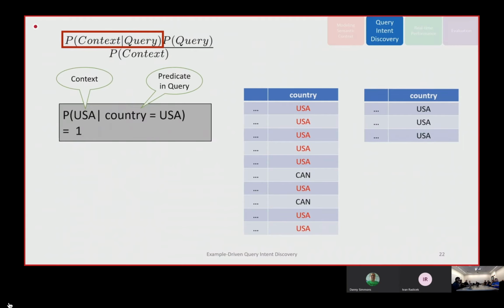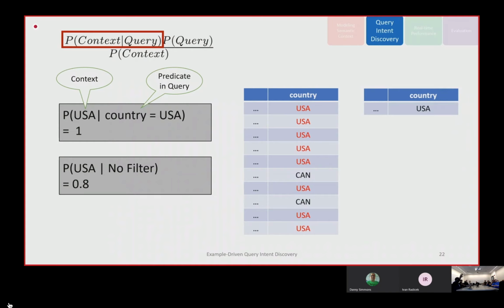And the third component is the semantic context posterior. If the query includes the filter that specifies that country should be USA, then it's trivial that you will observe that context in the examples, because you are explicitly specifying it. The more interesting scenario is when the query does not contain the filter. There is no filter, but we're still seeing this context.